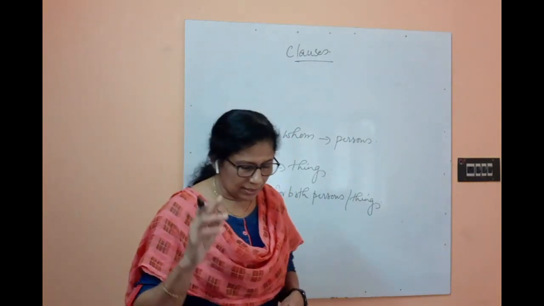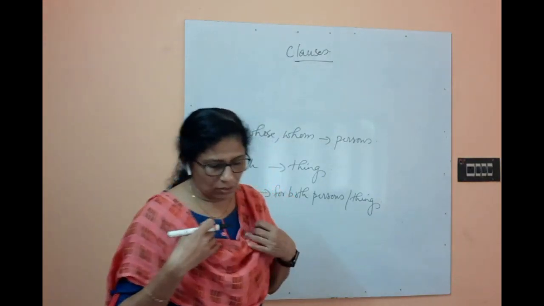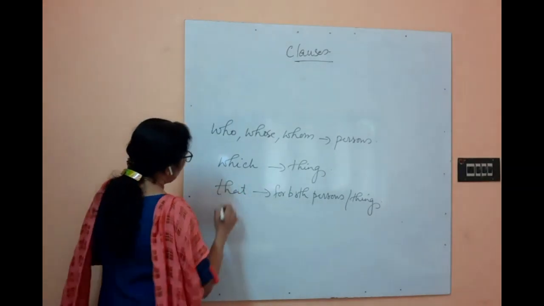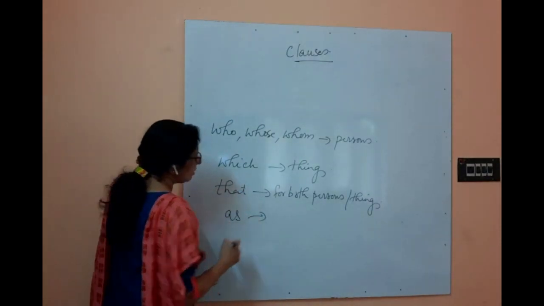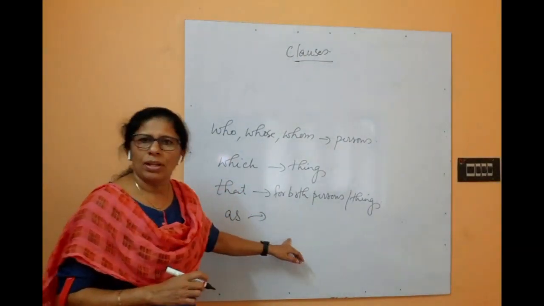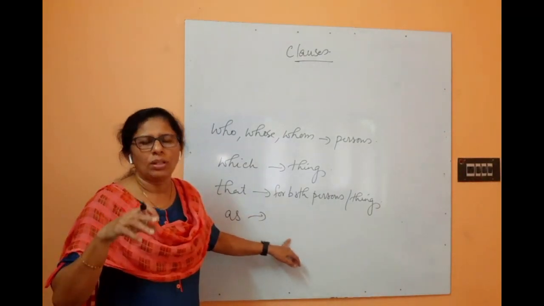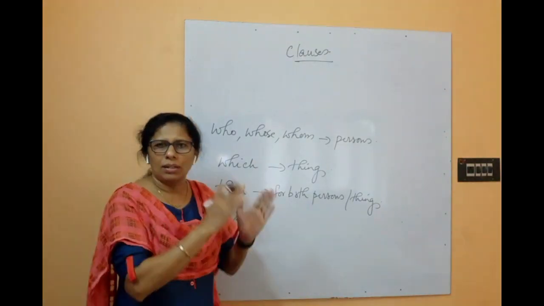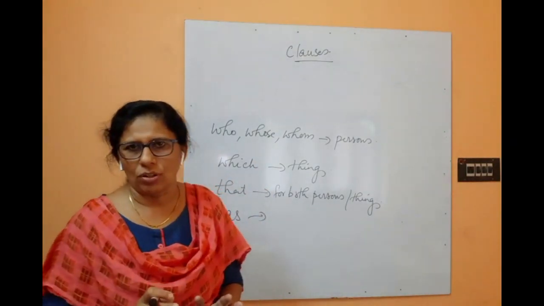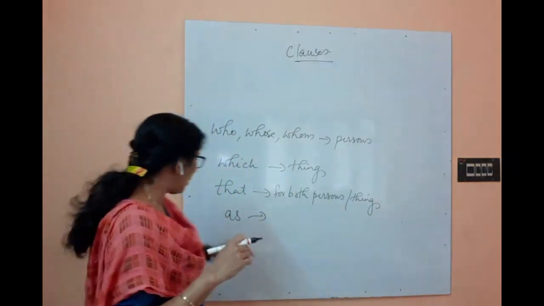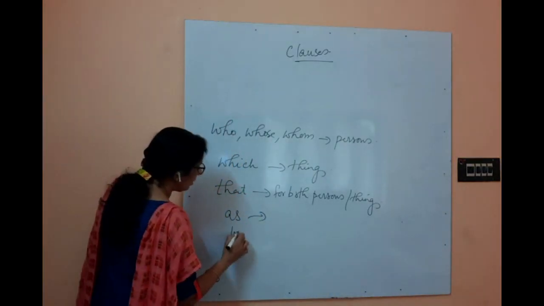And there is an exception: as is also sometimes used. Other than that, as is also used as a relative pronoun which connects the remaining part with the adjective clause. Understood? And other than as, when is also used.